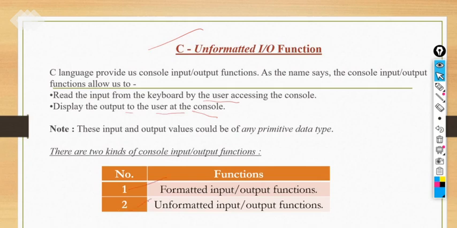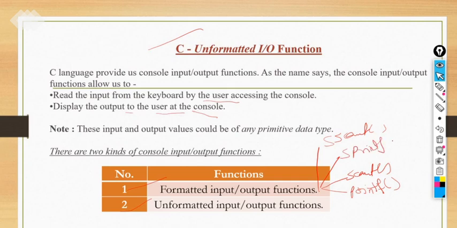Formatted input output functions we have already covered with the scanf function for input and printf function for output. Along with it, we also discussed sscanf and sprintf, which are used for strings, to take the input as a string and display the output as a string.